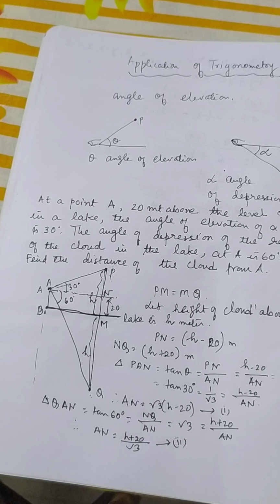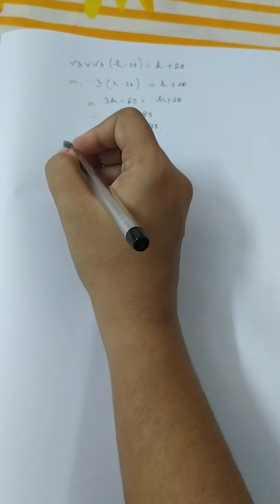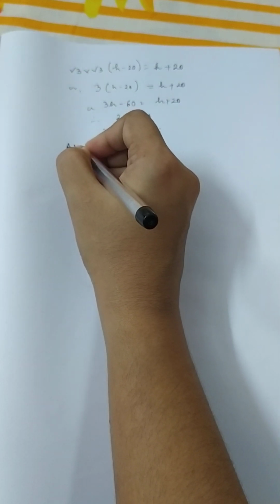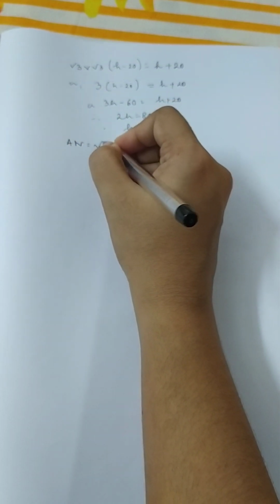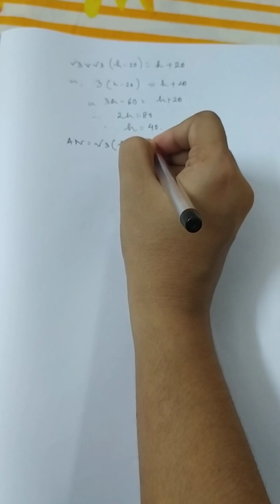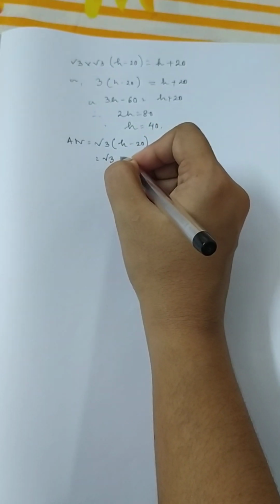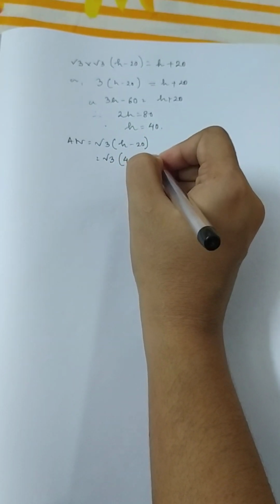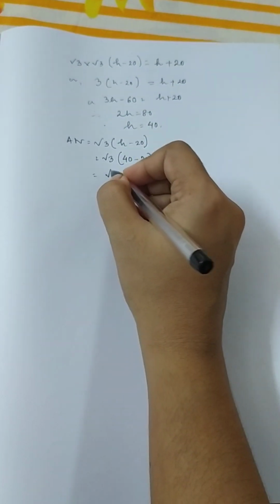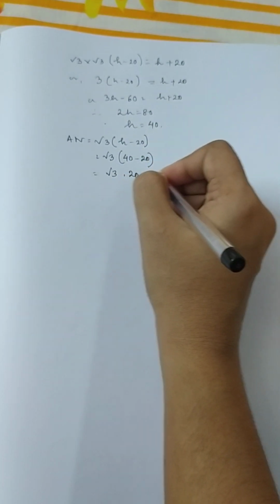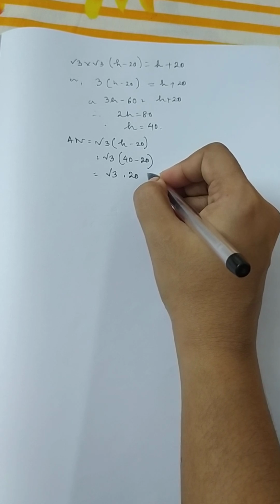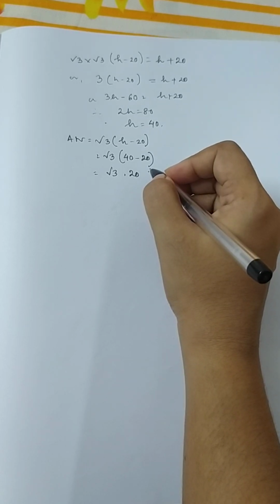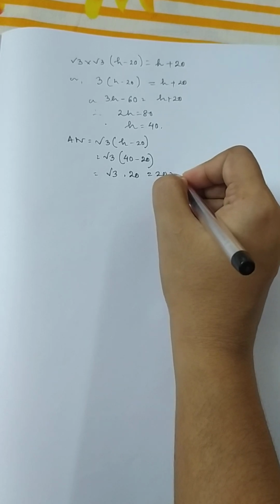So from this we can tell that AN is equal to root 3 into h minus 20. So root 3 into 40 minus 20, because we have found h is 40, is root 3 into 20, that is 20 root 3 meter.